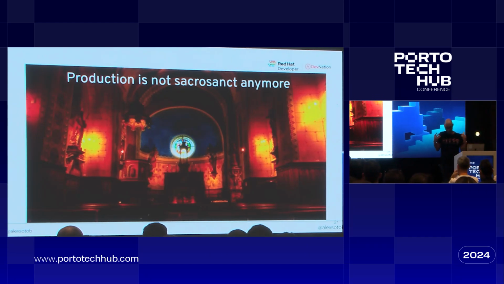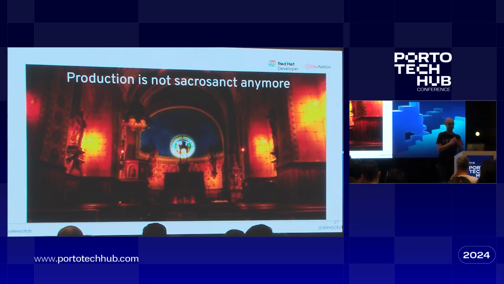Historically we thought that production is this environment that nobody can touch, and well, in this case you are deploying maybe once per day to production. You are deploying, not releasing, but deploying, and you start, let's say, playing with production environments. So just keep in mind this.